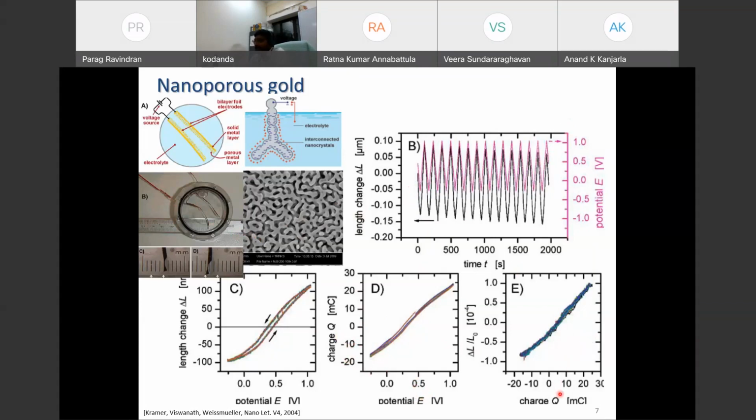So in other words, we can also relate the strain in the material with the applied charge on it. This is what gives us a behavior they term charge-induced actuation. We inject charge into the material, and that causes the deformation.